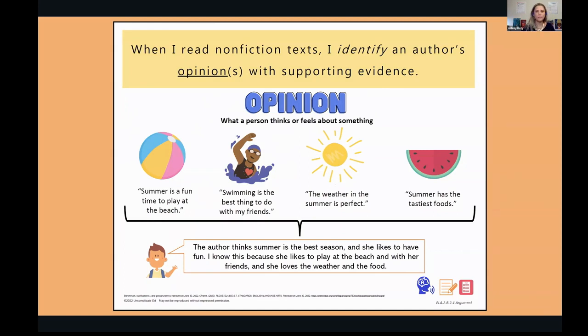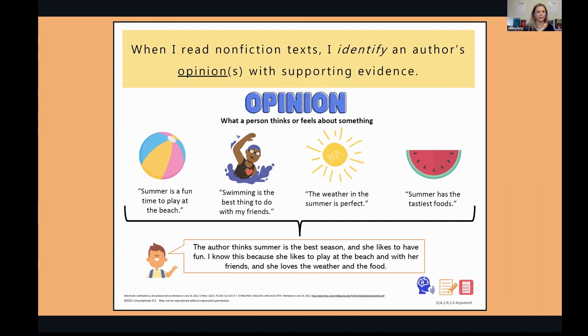This is still the 2R2-4 argument that Megan was walking us through on the rubrics. When I read nonfiction texts, I identify an author's opinion with supporting evidence. This is the student version of that sort of rubric. We're putting it into images that are just easier. And I'm going to be honest with you, I actually find these easy for myself as well.